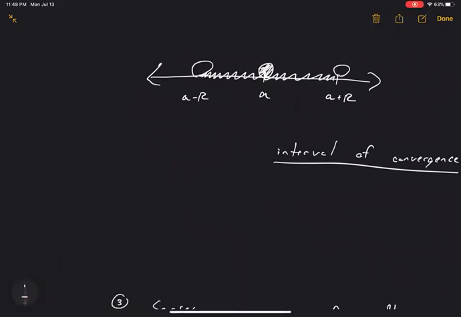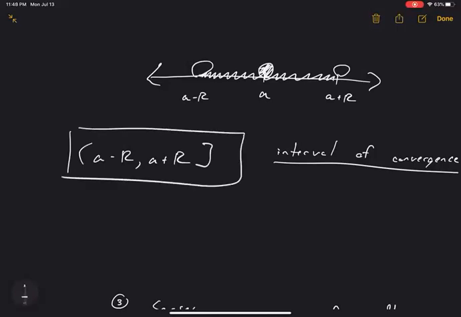So we know we're going to have a finite interval, but maybe we're going to include both endpoints, or maybe neither endpoint, or maybe just one endpoint. Whatever we find out, we call this interval where our series converges the interval of convergence.